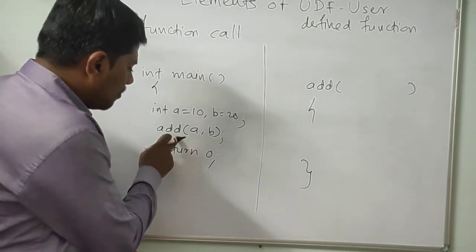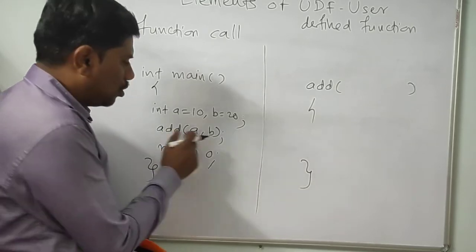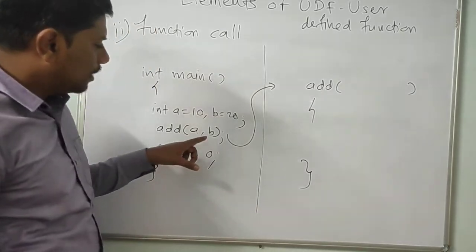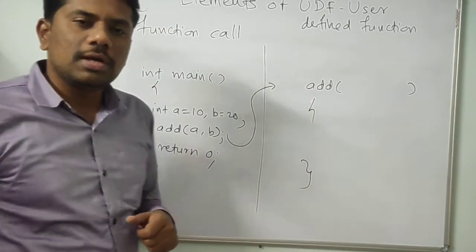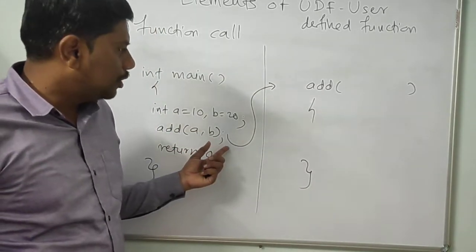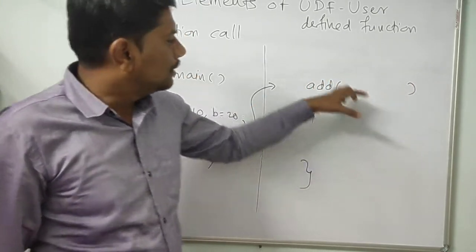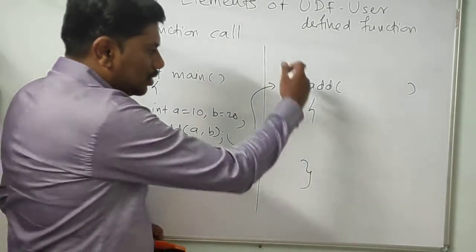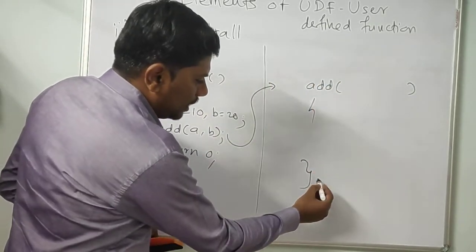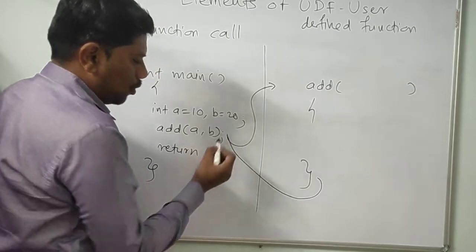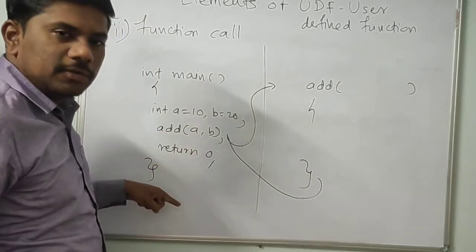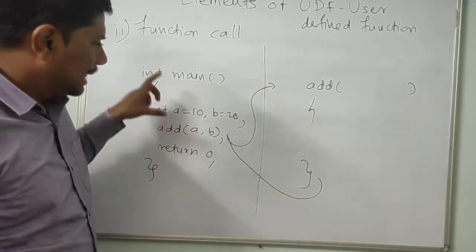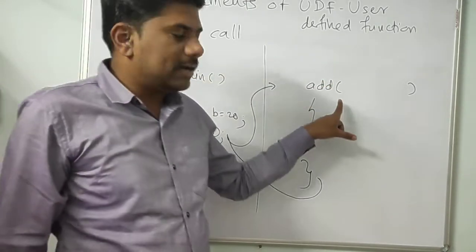So whenever the compiler sees this particular function call, the compiler will jump from this point to the function definition. Then it will execute the function definition, and once the execution of the function definition is finished, again it will return back to this point, and then it will continue the remaining part of your main function. This is the flow.